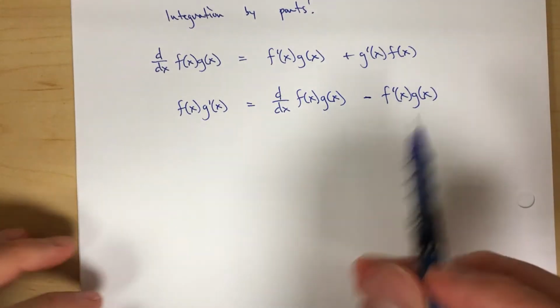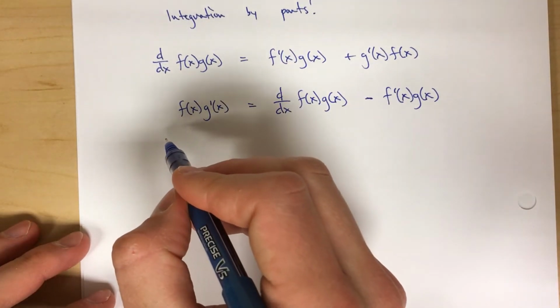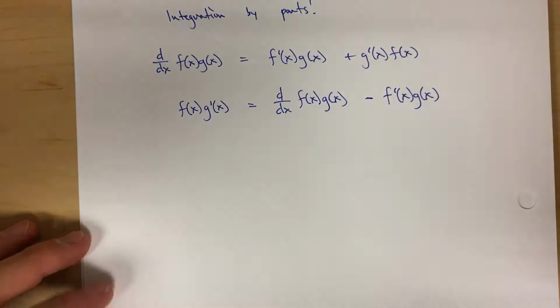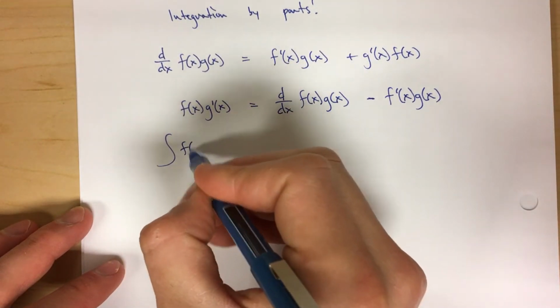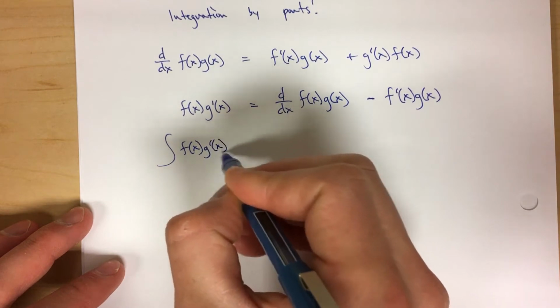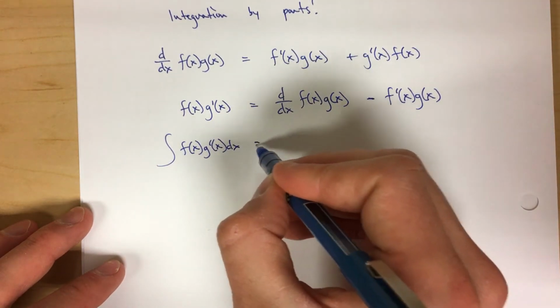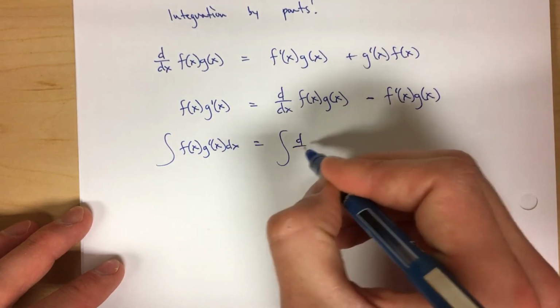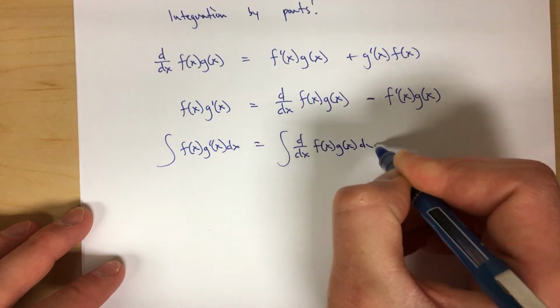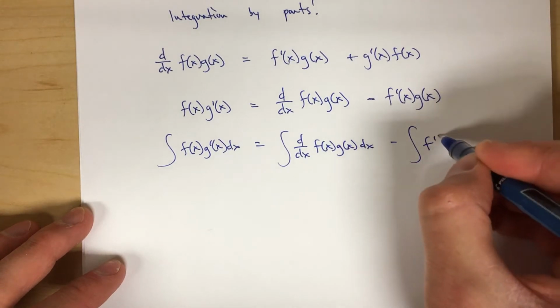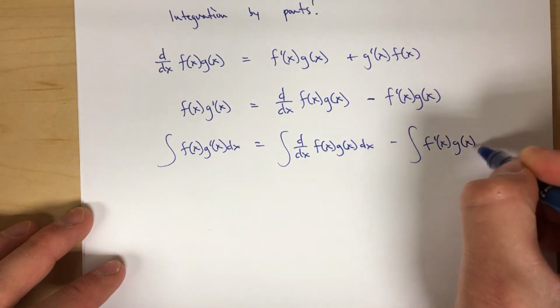Now if I integrate each piece individually, which I can do because integration is a linear operator, I get the antiderivative of f of x times g prime of x dx is equal to the antiderivative of d dx of f of x g of x dx minus the antiderivative of f prime of x times g of x dx.